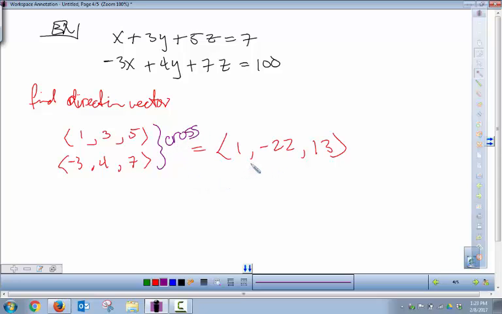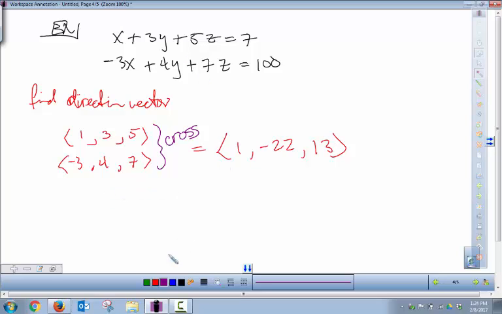Yeah, that's right, you got it right? All right, we got a couple of nods, and that's good enough for me. So we have a direction vector. That was the easy part, I hope.